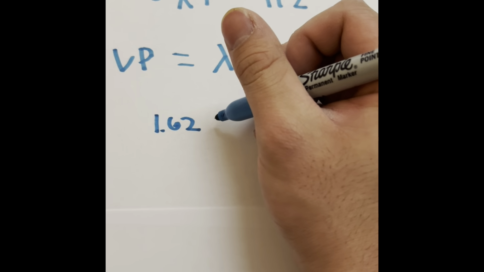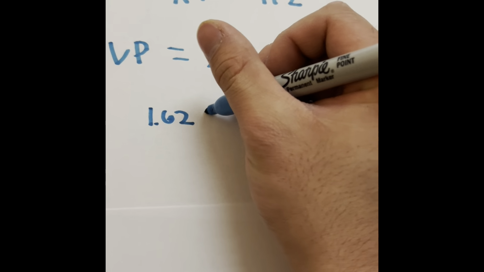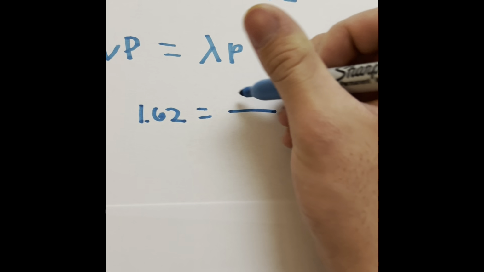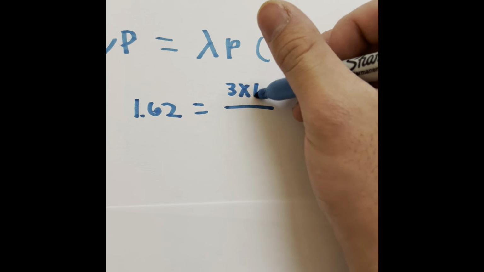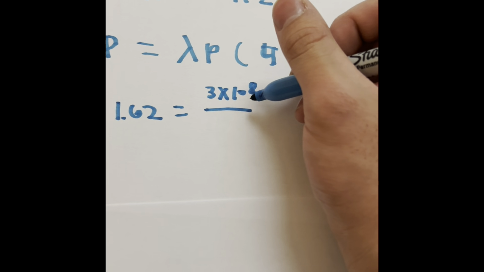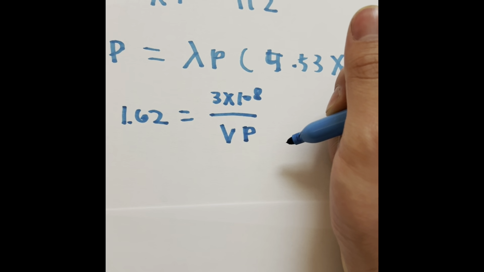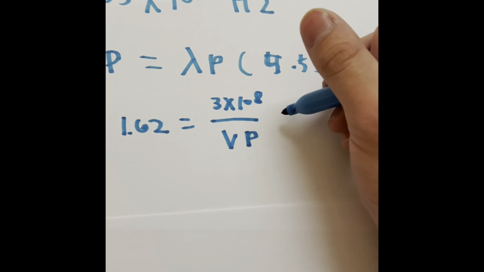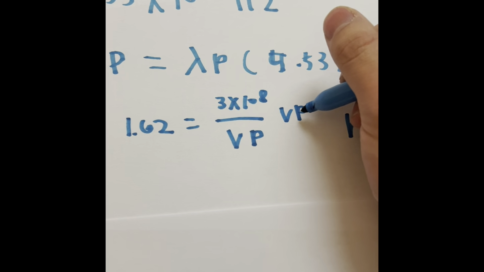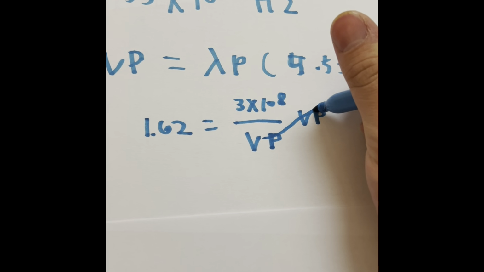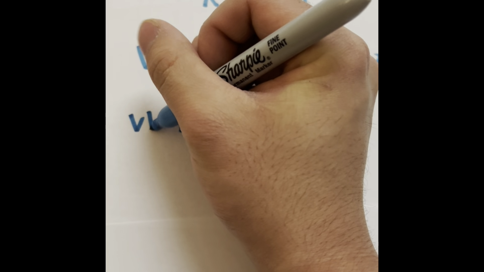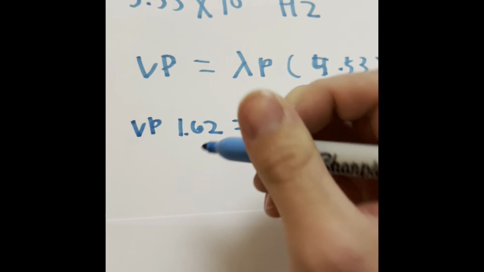Then we are going to equal that to 3 times 10 to the power of 8, because that is the speed of light. But then we have to divide by VP, the velocity inside that prism. So VP cancel each other out. You have to put VP as a variable right here.